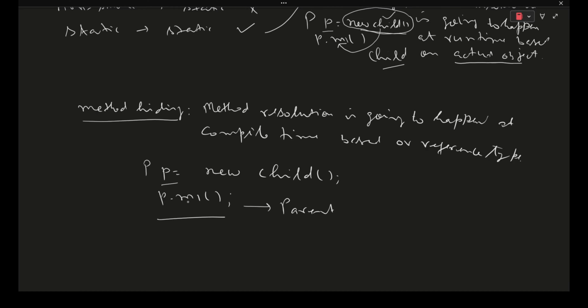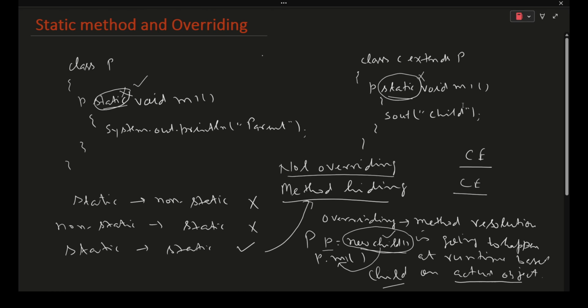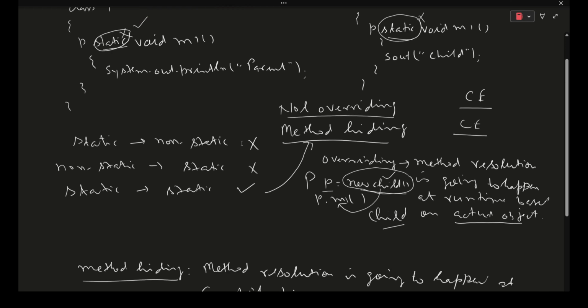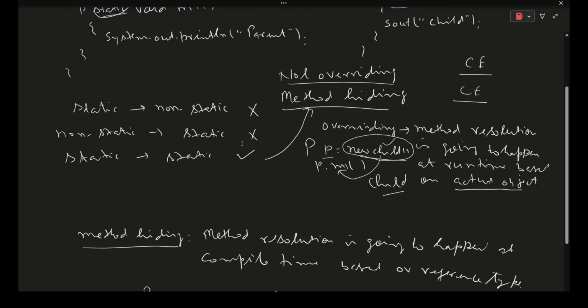And in the parent method m1, I am printing the parent one. So this is the very important thing. In case of method hiding, method resolution is going to happen at compile time based on the reference type. And in case of method overriding, the method resolution is going to happen at runtime based on your actual object.